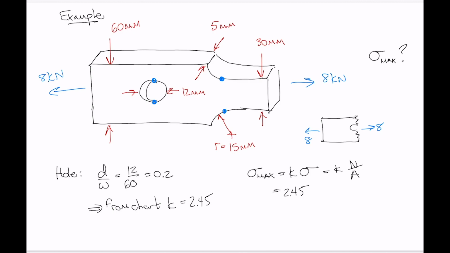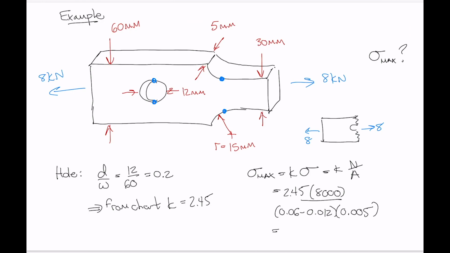So we've got our 8,000 newtons here, and then for the cross-sectional area, we have the width of the plate, which would be 60 millimeters minus 12 millimeters, multiplied by the thickness, 0.005 meters.